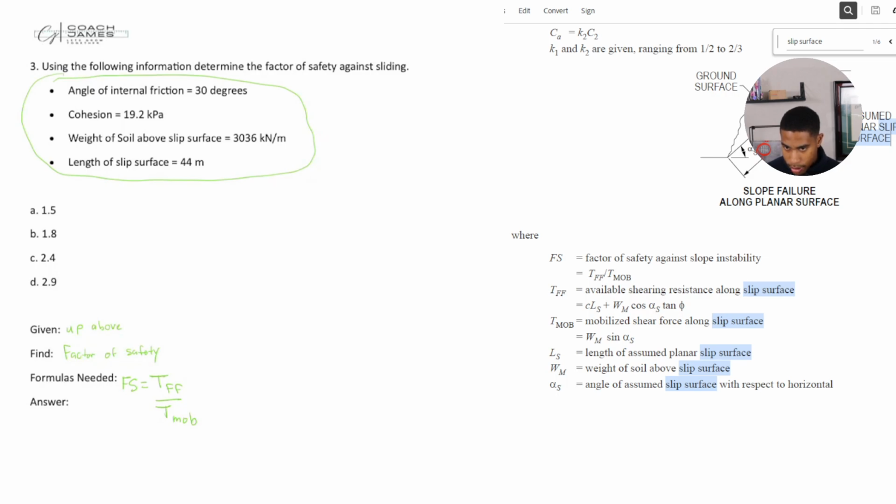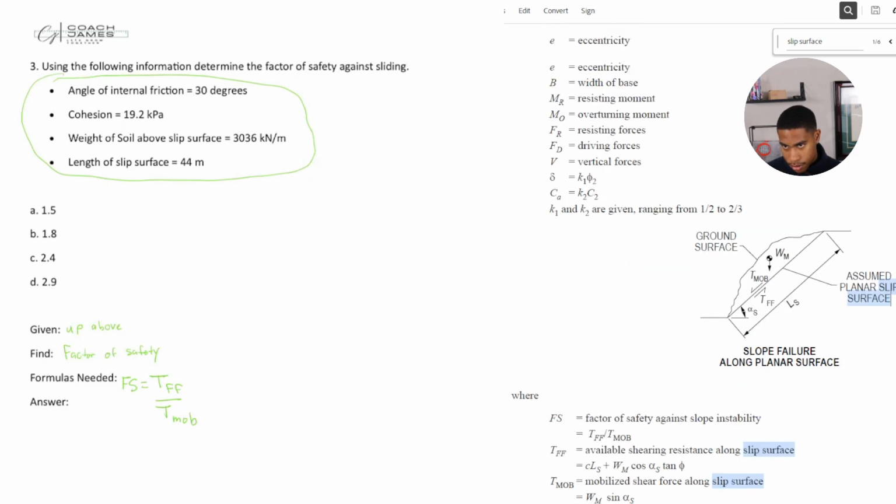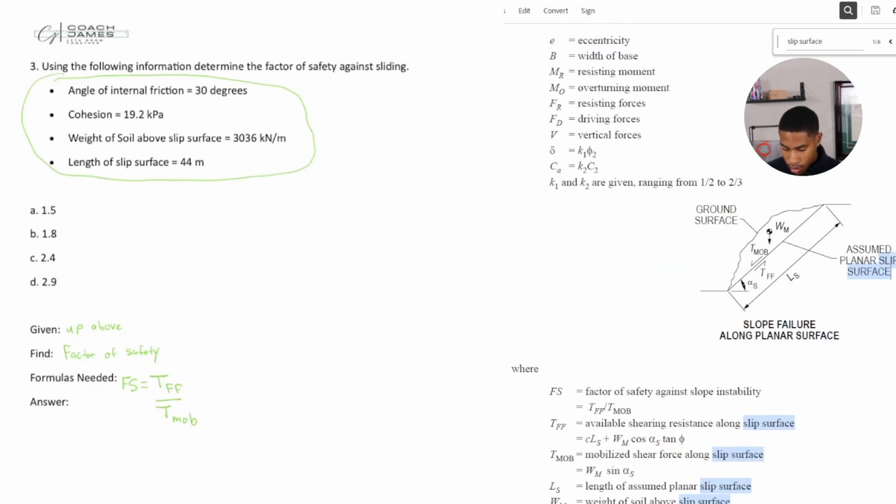So, T mob. What is T mob? T mob is the mobilized shear force. So you have the weight of the soil above the slip surface, and you still need the angle of assumed slip surface. I don't believe we have enough to solve this particular problem. So what I'm going to do is add something to this.